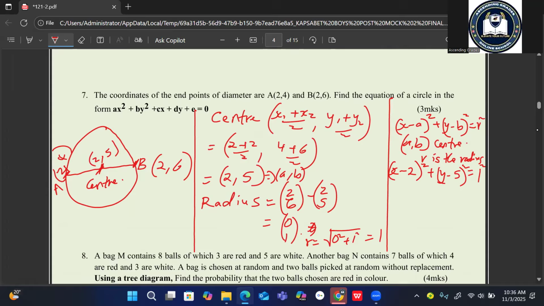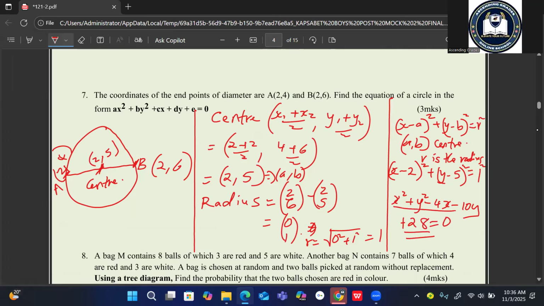So that equates to x squared plus y squared minus 4x minus 10y plus 28 is equal to 0.